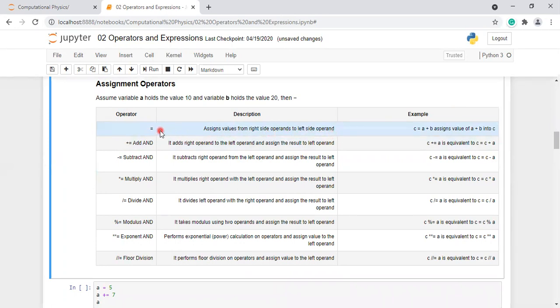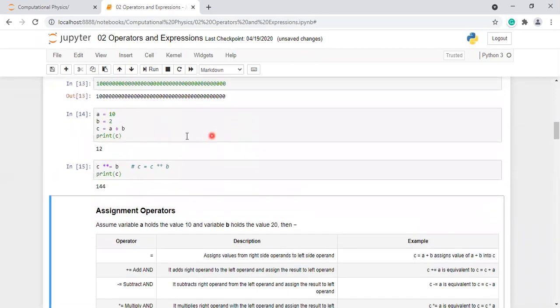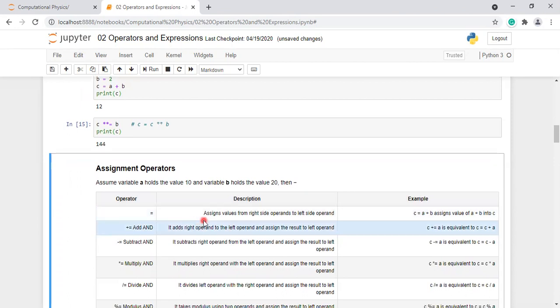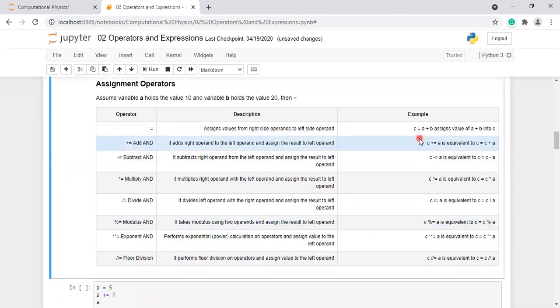For example, A equals 10 means assign the value from the right side operand to the left side operand. That is the assignment operator. For example, C equals A plus B assigns the value of A plus B into the variable C.